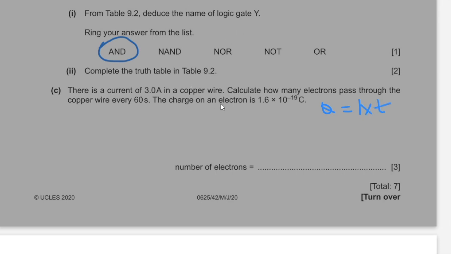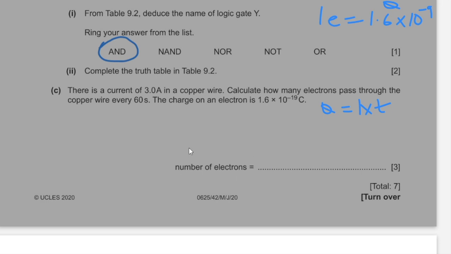Over here, the charge on a single electron, I'll write over here, charge on one electron is given, which is 1.6 into 10 to the power of negative 19. And this is charge, so I'll write the symbol of charge over here. And now this wants the total number of electrons. So here we are given with a scale, which means to figure out one of these two values, we need to have the second one of them.